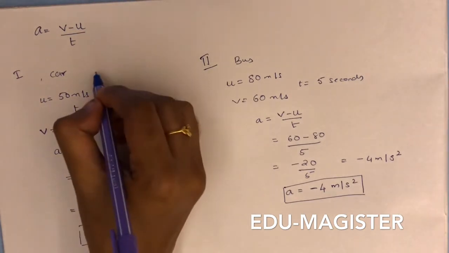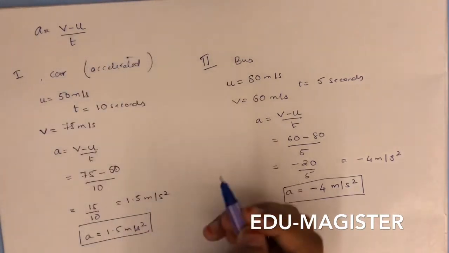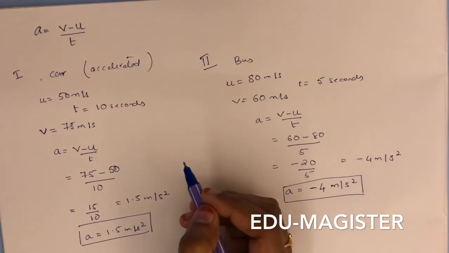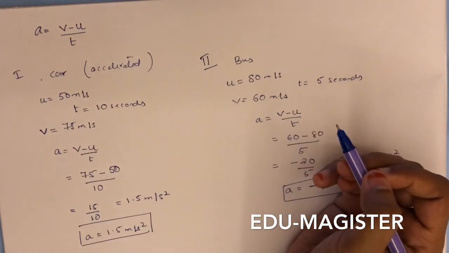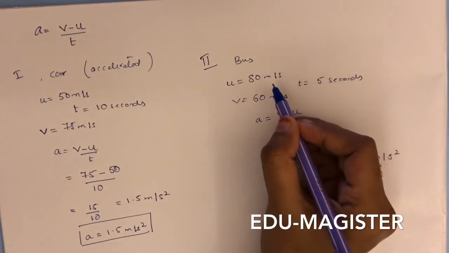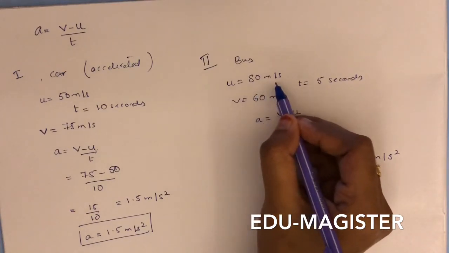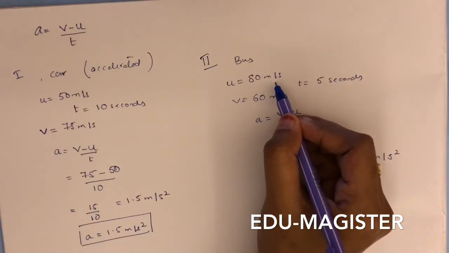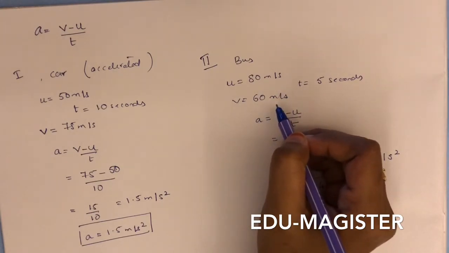That means the car accelerated, right? The driver must have pressed the accelerator. But in the case of the bus, the bus was initially at 80 meters per second, and then it decreased its speed to 60 meters per second.